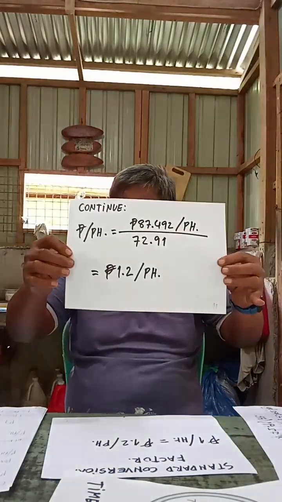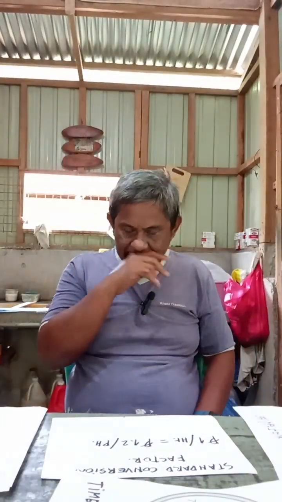So, 1 peso per hour is equal to 1.2 peso per peri hour.